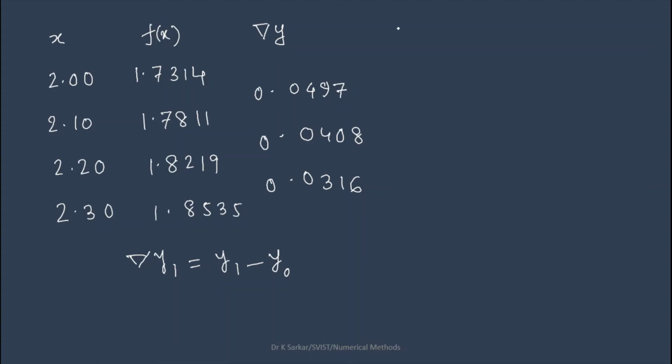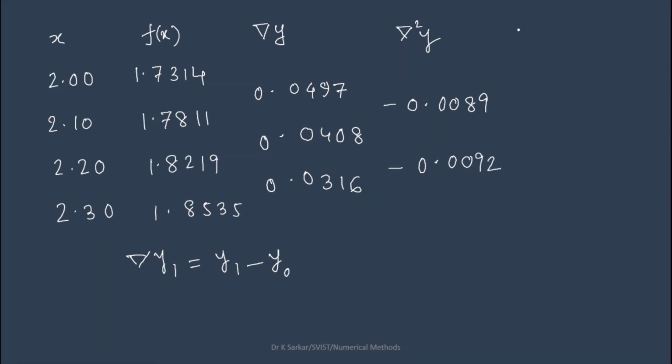Second order backward difference is del 2y. Subtracting 0.0497 from 0.0408 is minus 0.0089. Next, subtracting 0.0408 from 0.0316 is minus 0.0092.